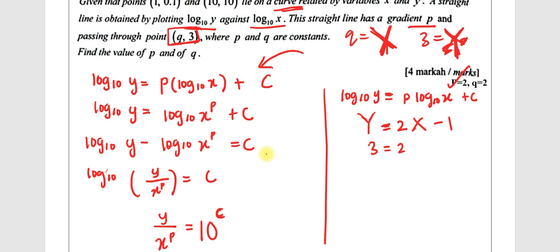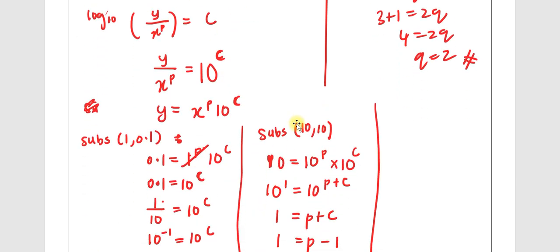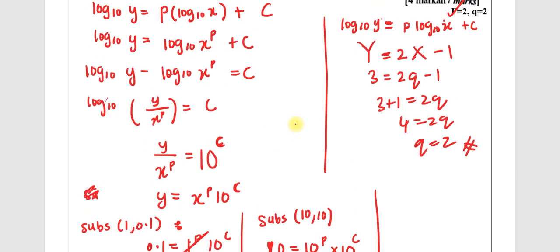So 3 equals 2q minus 1. 3 plus 1 equals 2q. 4 equals 2q. Q equals 2. If you substitute into the original equation, it's not the right thing to do, because like the Q3 you substitute here, you might not get the result, because you need to see this as a big X and big Y. So that's how you get your Q equals 2.